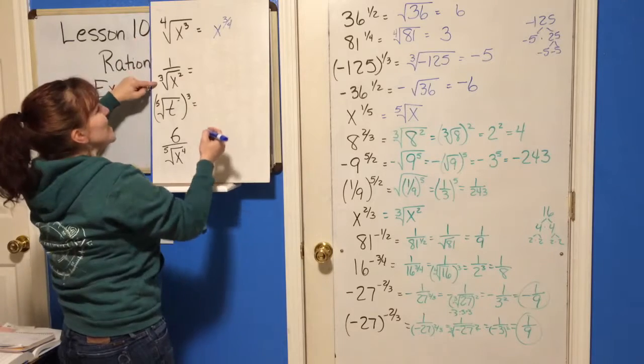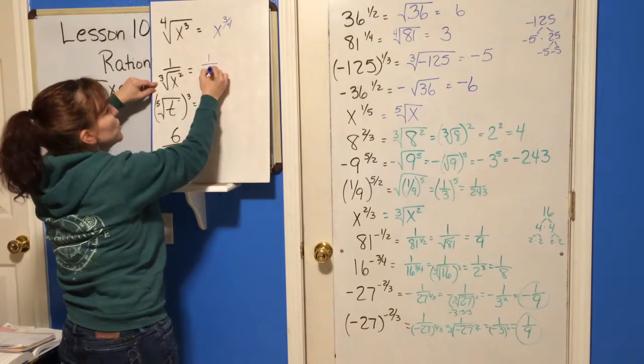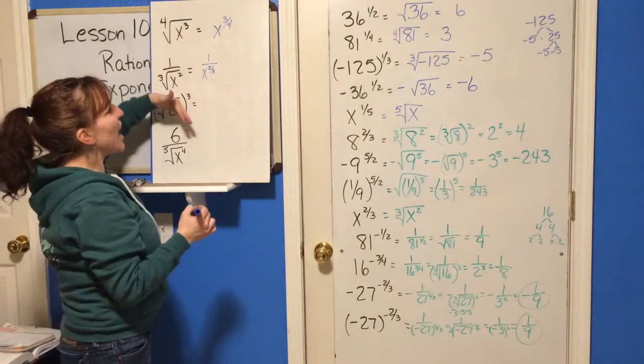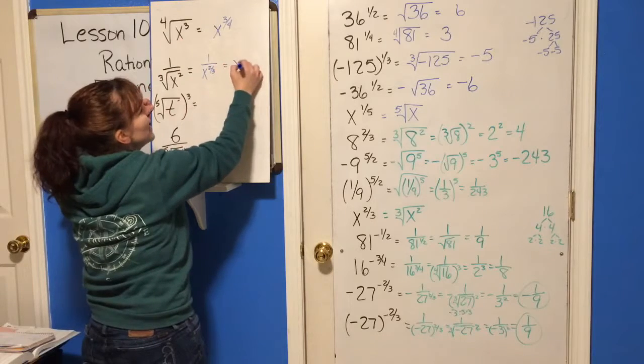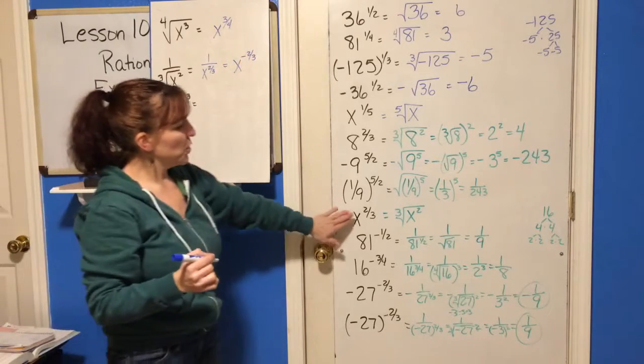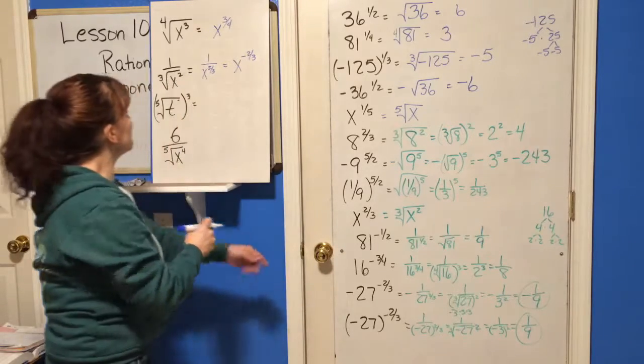Okay, so in this case, you've got 1 over x to the 2/3, right? And so if you've got it in the denominator, you can say this is x to the negative 2/3 and undo one of these. All right?